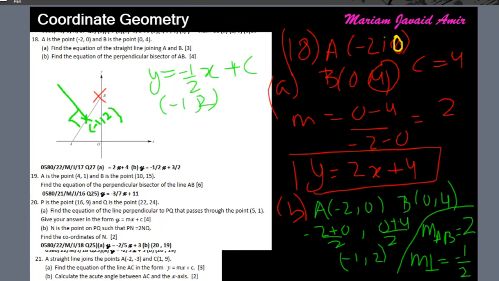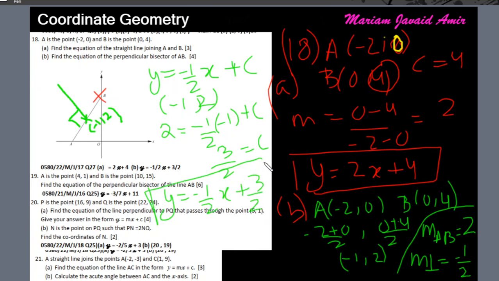So let's substitute these points. 2 equals minus 1 over 2 times minus 1 plus c. So c is 3 by 2 when I take the values to the other side. So the equation becomes y equals minus half x plus 3 over 2. This is the answer for question 18b.